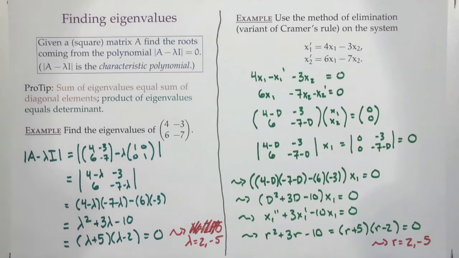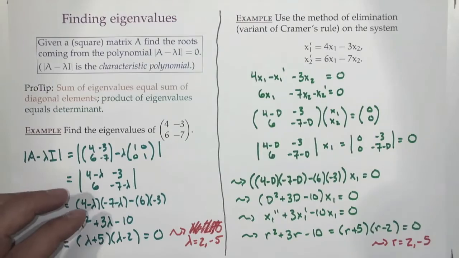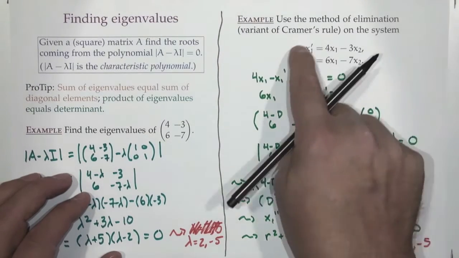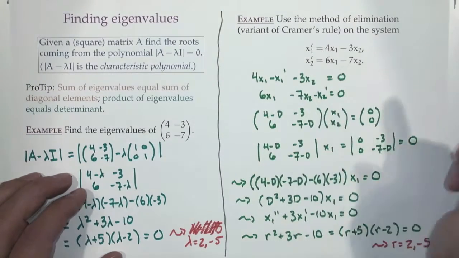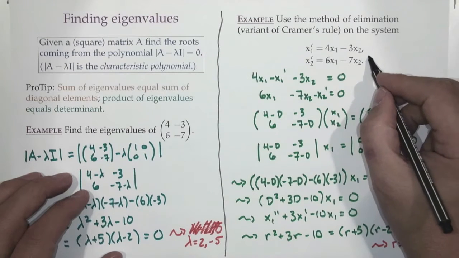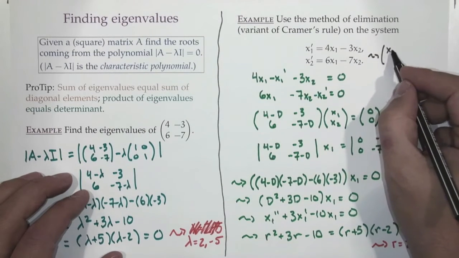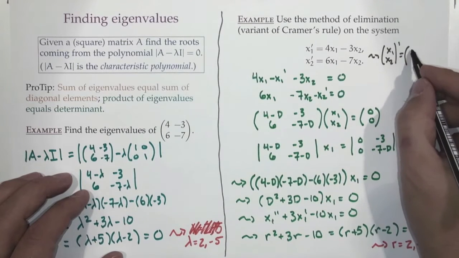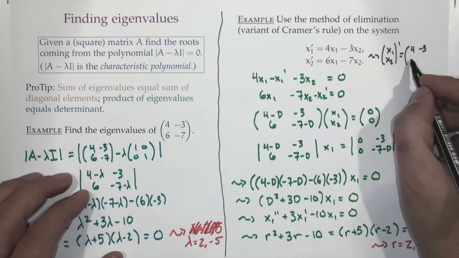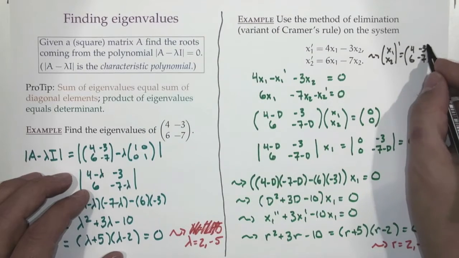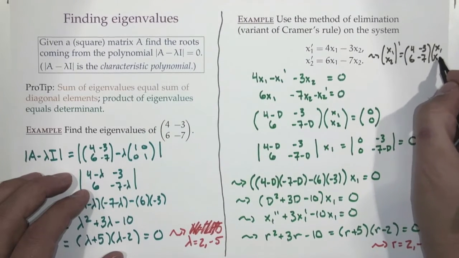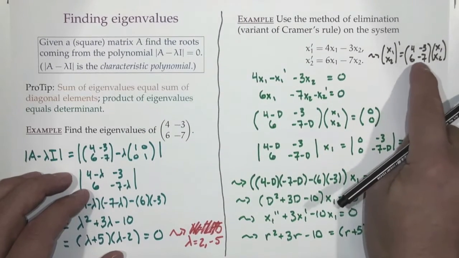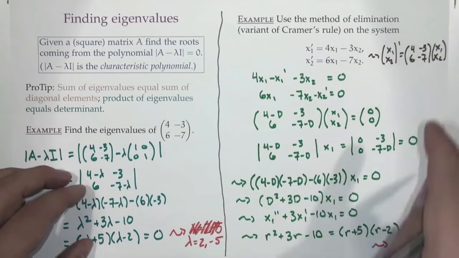That's not a coincidence. And indeed, you could rewrite this as (x1, x2) prime equals the matrix 4, -3, 6, -7 times (x1, x2). So in particular, it's the same matrix.